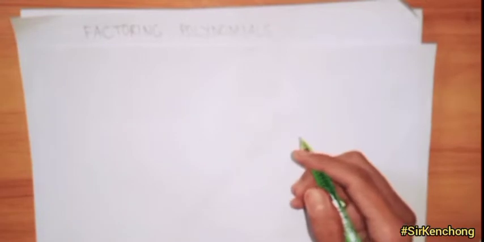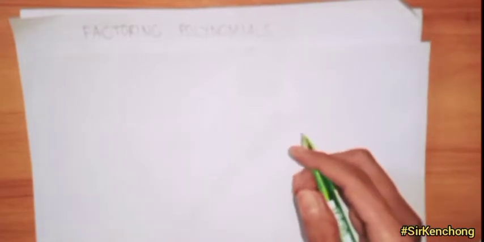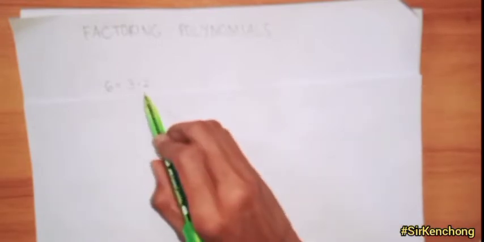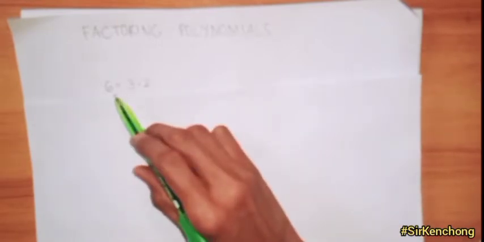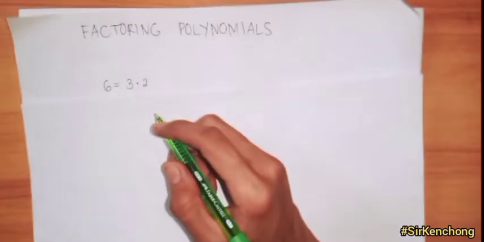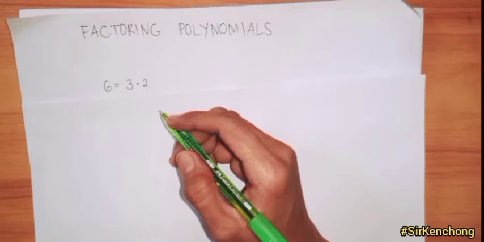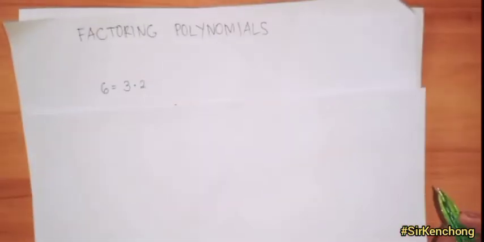Factoring is finding two or more factors of a number or a polynomial. Just like this one. 6 is equal to 3 times 2. So itong 3 and 2 ay factors ni 6. Factoring is also the process of rewriting a polynomial as a product of two or more polynomials. Ayun. So gaya nito.